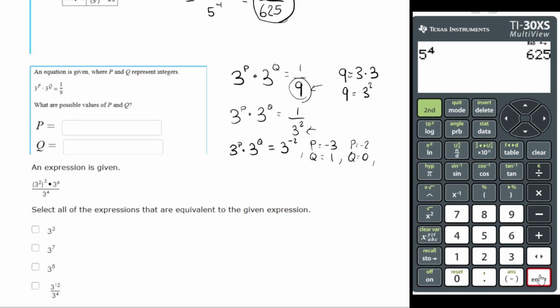Or you could have p is 4 and q is negative 6. All of these end up working out to give you a final exponent of negative 2. You just need any combination of numbers that add up to negative 2. So for this example, I'll use p is negative 3 and q is 1. And I'll call it a day there.